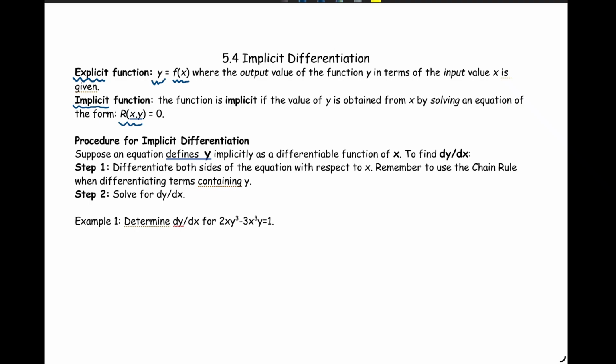Then the procedure for solving an implicit function is differentiation of both sides. It doesn't matter what you are having at each side, we are going to do the differentiation, but remember that y is a function of x. So whenever you see y, you do the differentiation, we are going to write it as dy by dx.